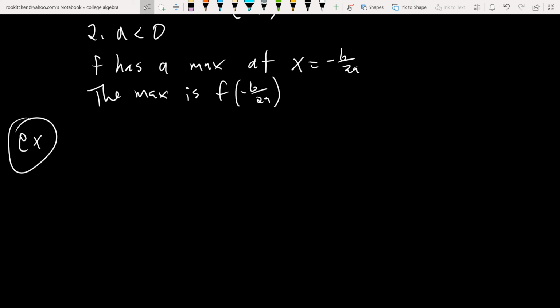In physics, they use these quadratics to model projectile motion.